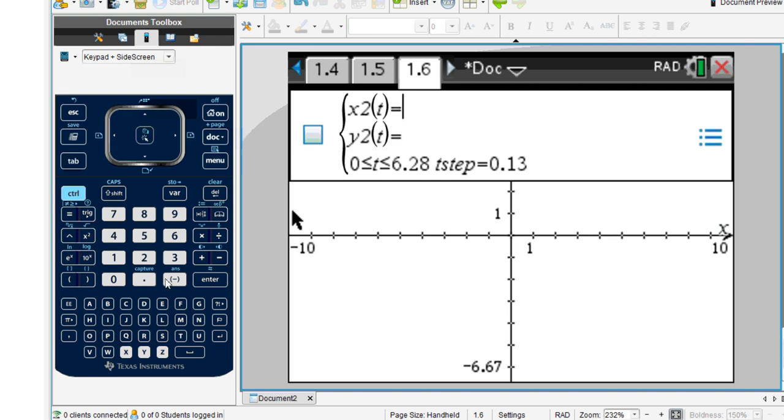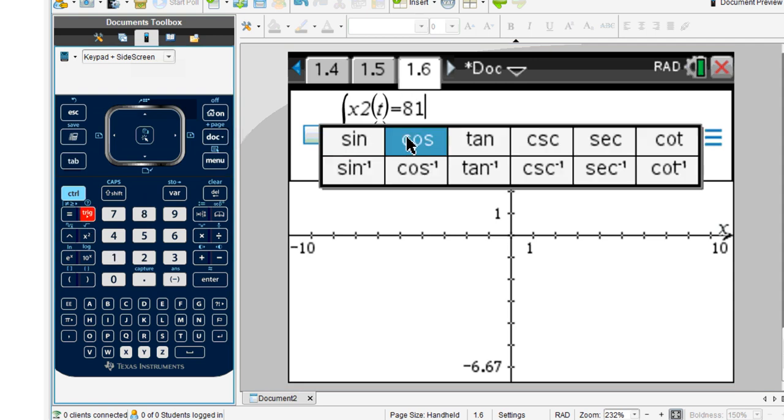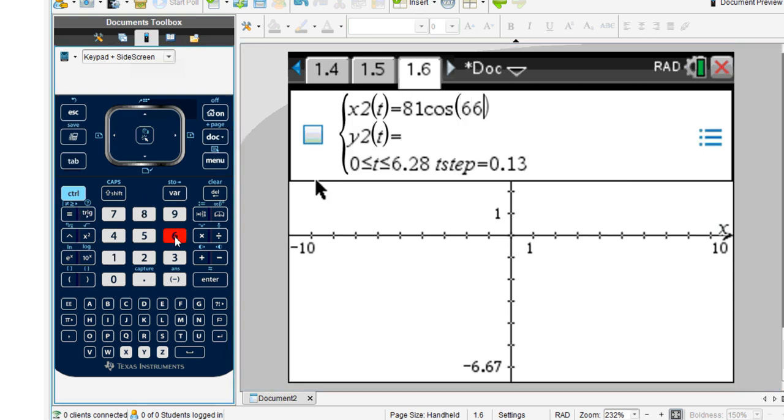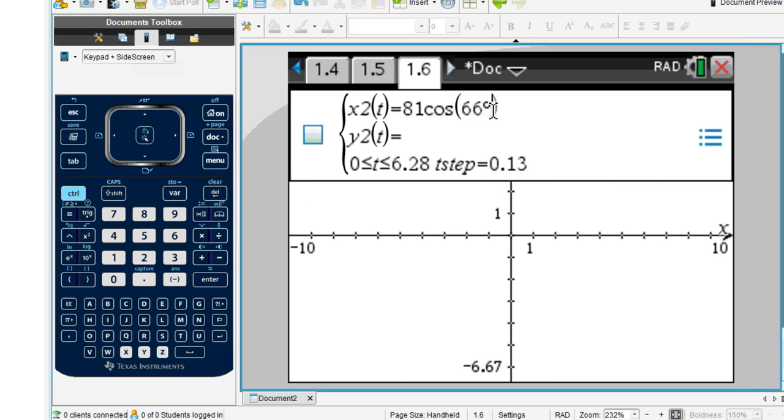So 81 cosine 66 degrees. And in this, you're going to have to put your degree symbol everywhere because in graphing, the default will be radians anyway. So I put times t.